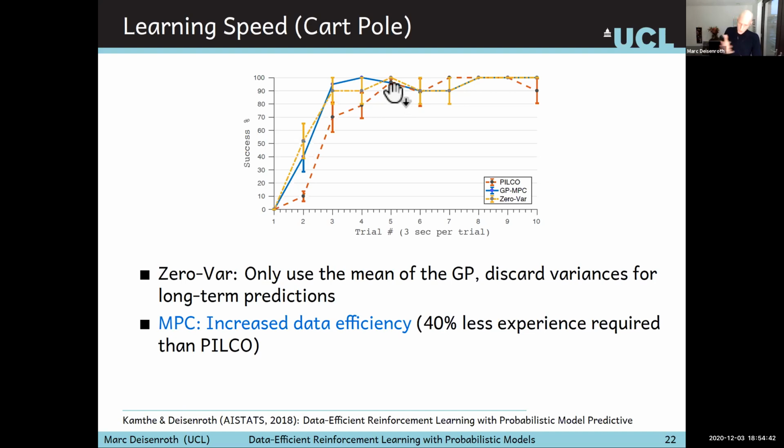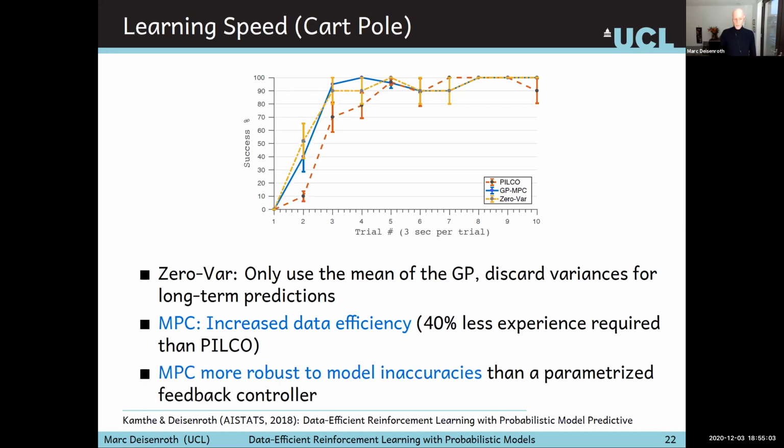So we shave off about 40% of the trials. I mean, it's small numbers, but still it's 40%. That means we are more data efficient than we used to be with the gradient-based policy parameter optimization approach. That means with model predictive control, we increase the data efficiency.